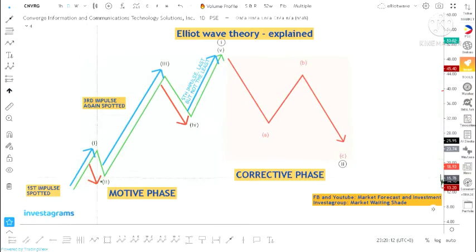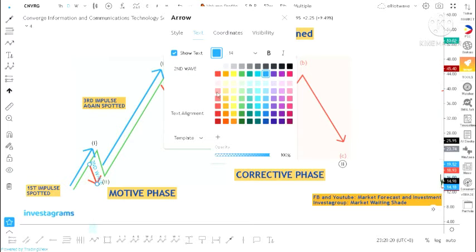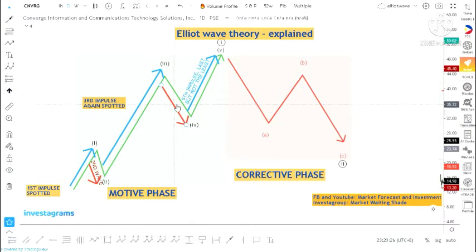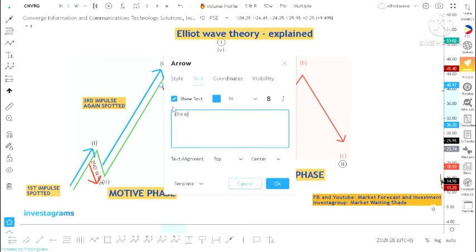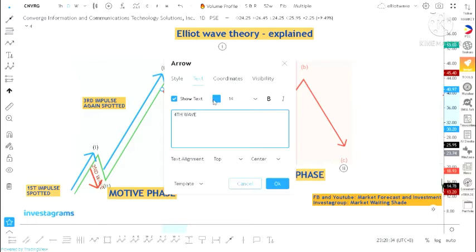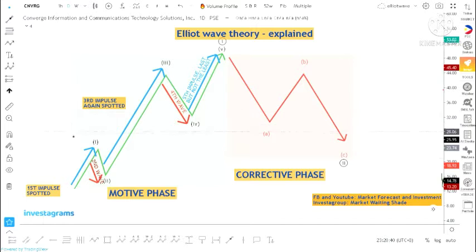So this is our second wave, we label this as red, and this is our fourth wave. So this is our first multi-phase explained, and two waves which are directed opposite to this major wave.